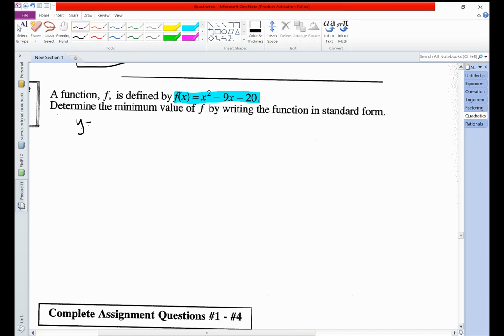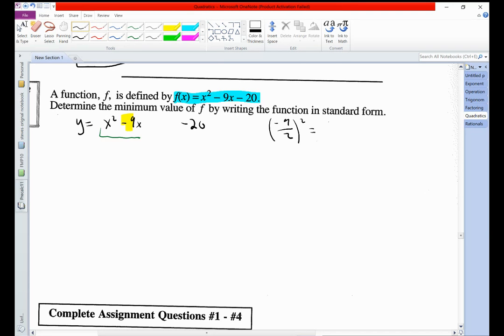So we have y is equal to x squared minus 9x, but I'm going to put that minus 20 further down the road. Now I want to make this a perfect square trinomial. So what I'm going to do is take negative 9 over 2, half of this value, and then I'm going to square it.